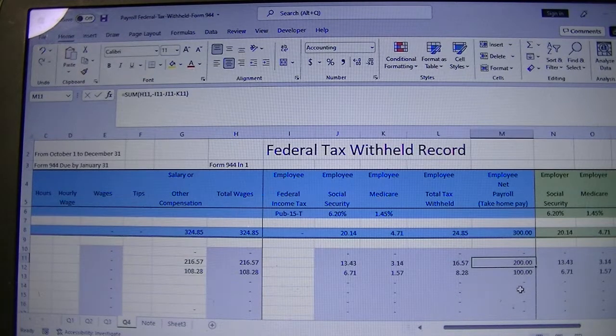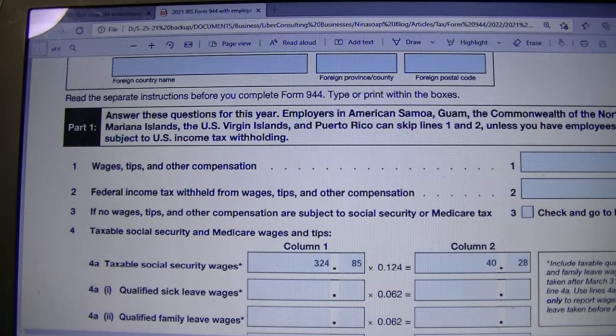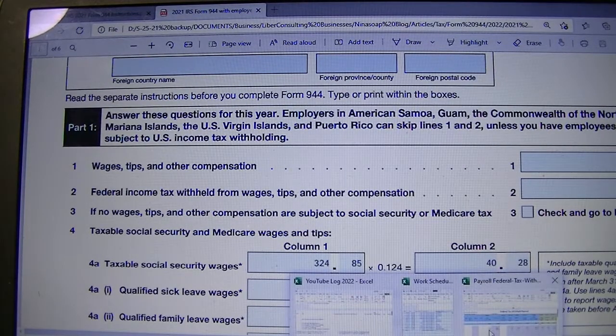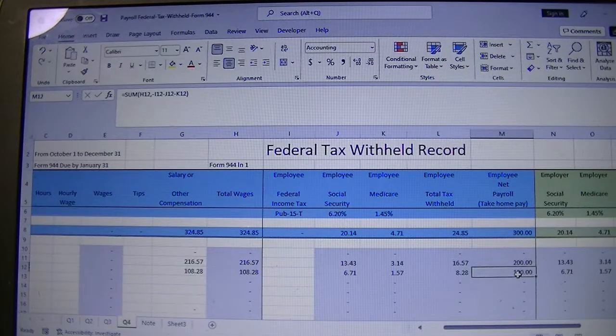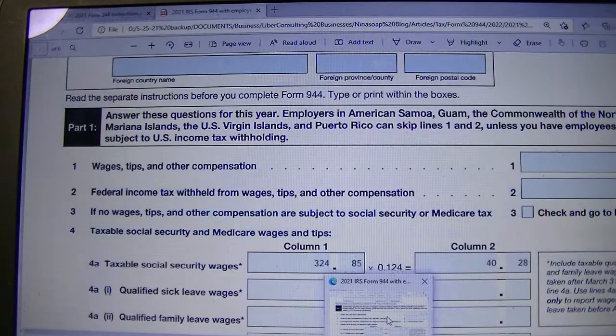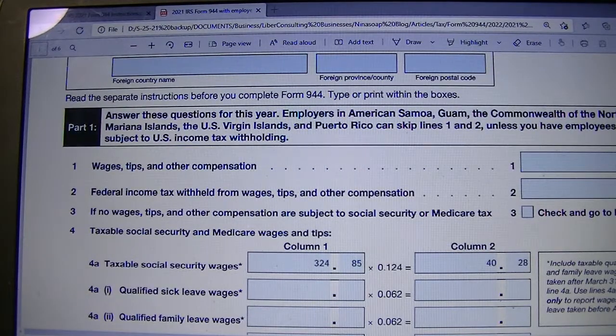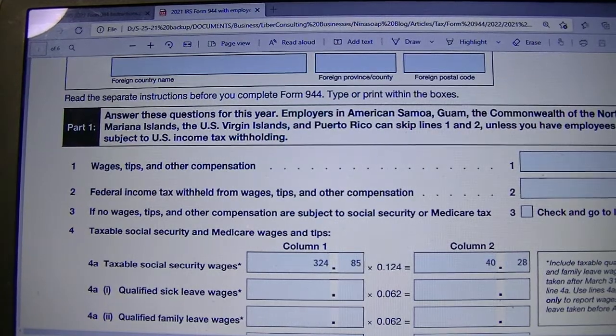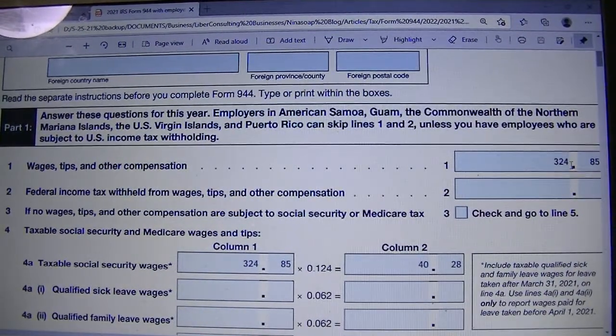I collected $200 from the business. That's the check that I collected. But it is not $200 that I will put on. And then I pay $100 to the other person for the year. I'm not going to put $300 as total wages.